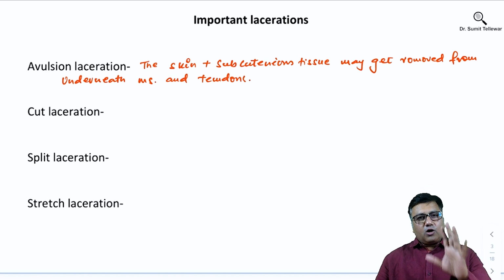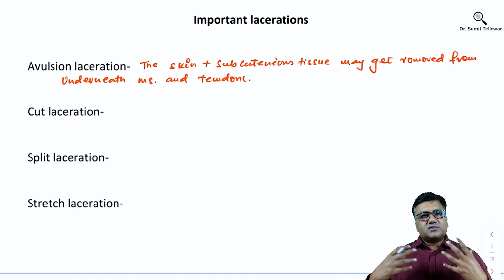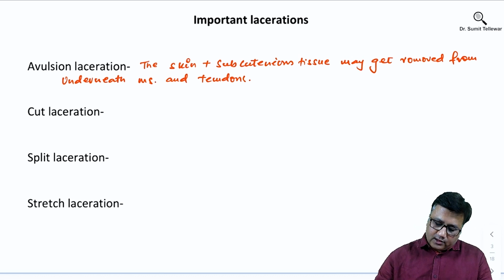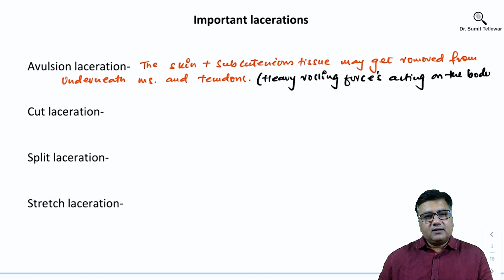Right? Commonly, this kind of removal of skin away from the muscles and tendon may be caused by a heavy rolling force. Okay, so these are commonly seen in heavy rolling forces acting on the body.